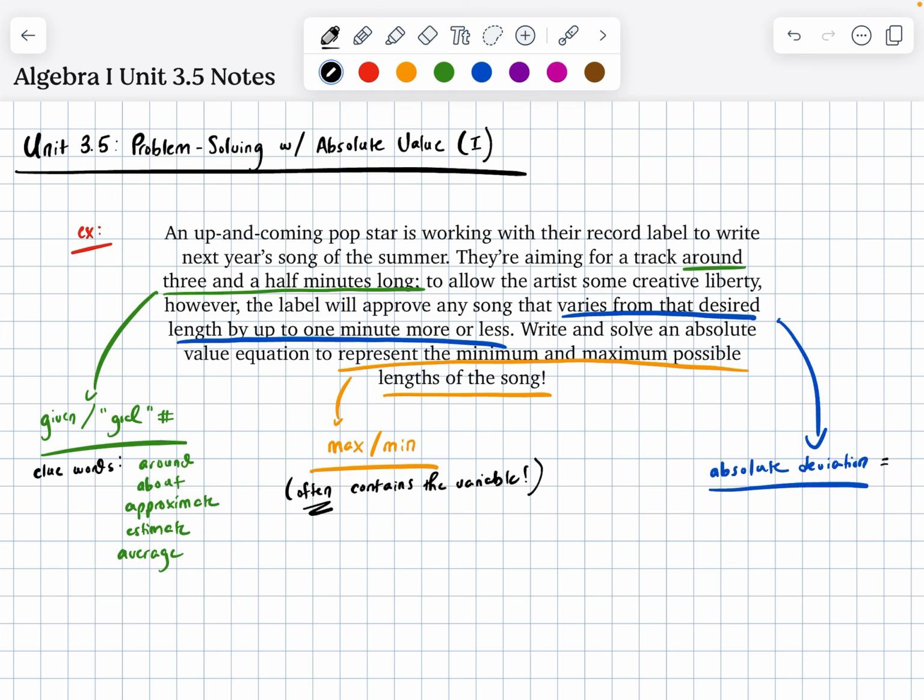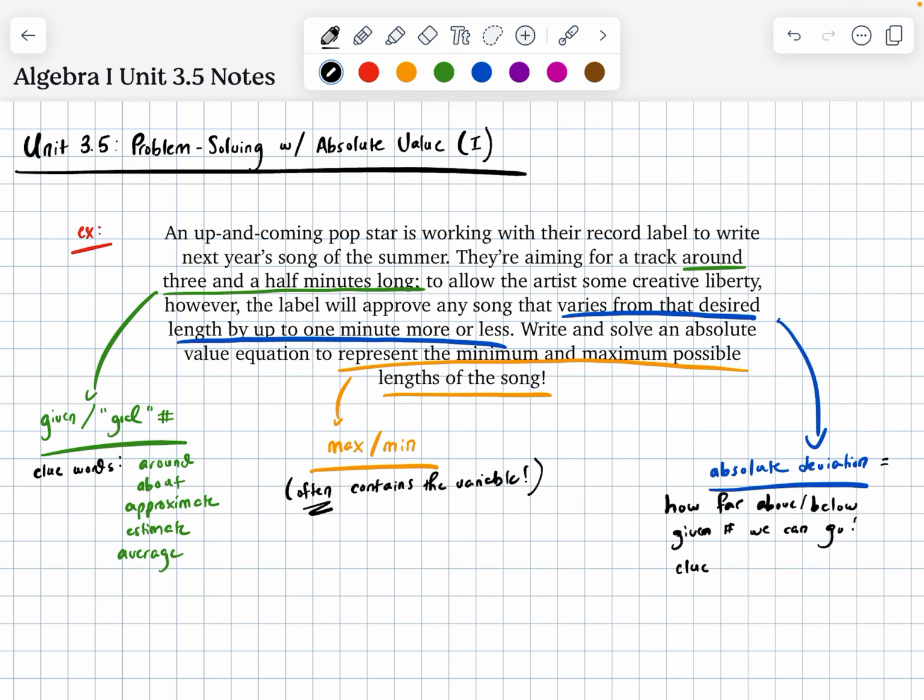So absolute deviation, we're going to write the definition of this as the part of the problem that's going to tell us how far or how much above or below the given number in green we can go. So this is telling us how much above or below I can go, right? I can go a little bit above, a little bit below, whatever.